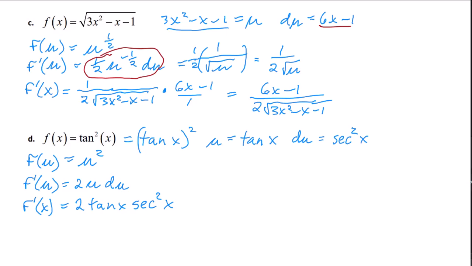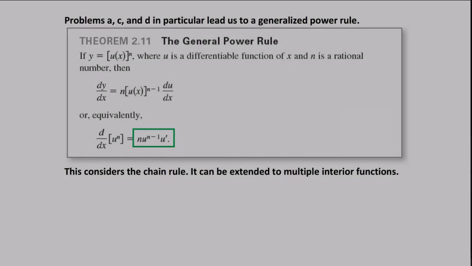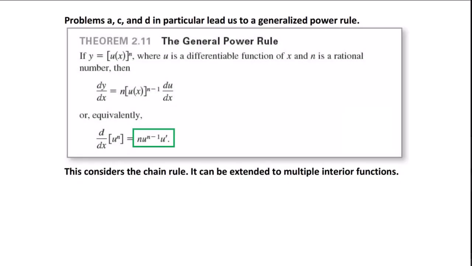So let's take a look at what the general power rule looks like. All right, here's the general power rule. Just take a look at it for a second. It's taking that special power rule that we looked at before when we weren't considering the chain rule and just modifies it so that now it incorporates the chain rule. How does it do that? Well, it's including this derivative of u in here.